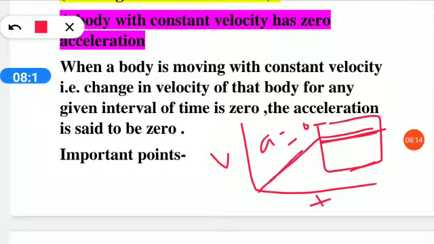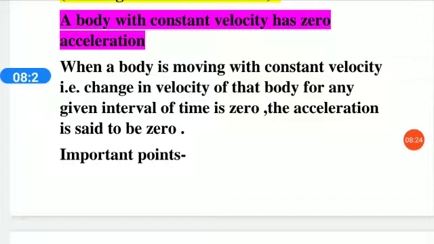Here it is increasing, so acceleration has some value, and this slope gives you the value of acceleration in a v-t graph. When a body is moving with constant velocity, the change in velocity of that body for any given interval of time is 0. The acceleration is said to be 0.